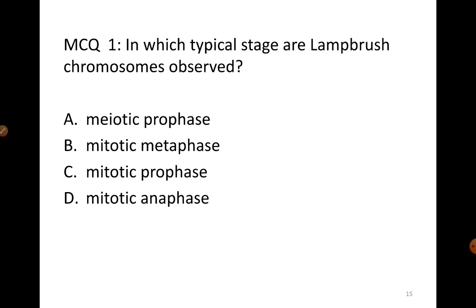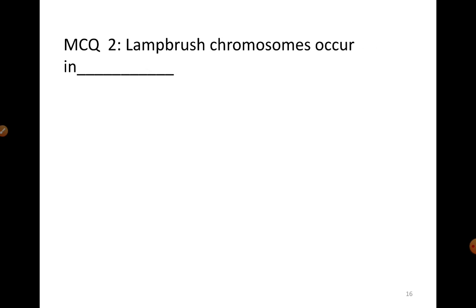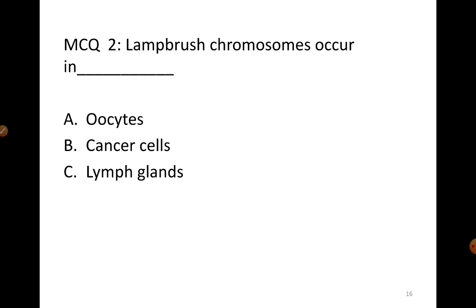They are mainly found in the meiotic prophase, so the answer is option A. Now, where do you find these lampbrush chromosomes? They occur mainly in the oocytes, cancer cells, lymph glands, or salivary glands. The right answer is option A, the oocytes.